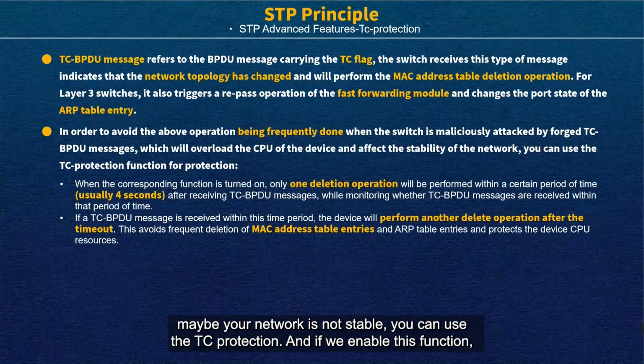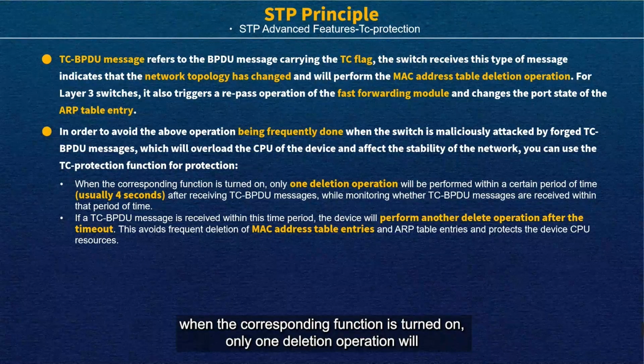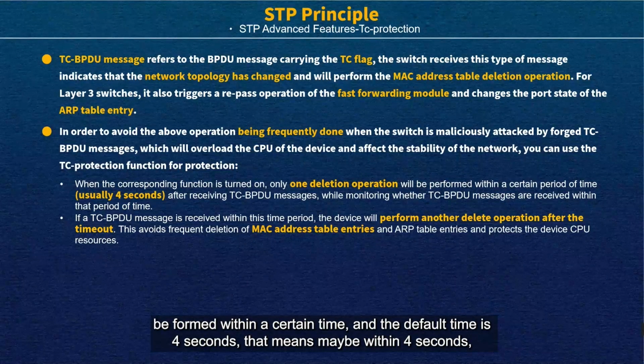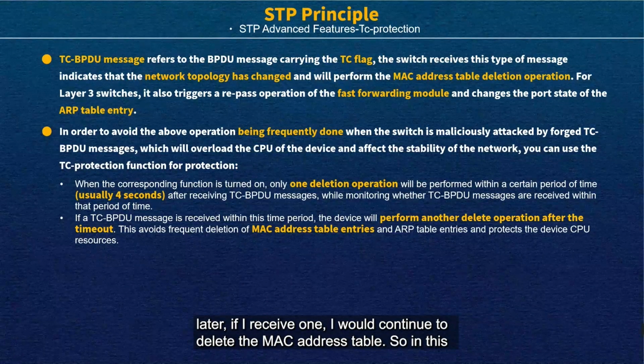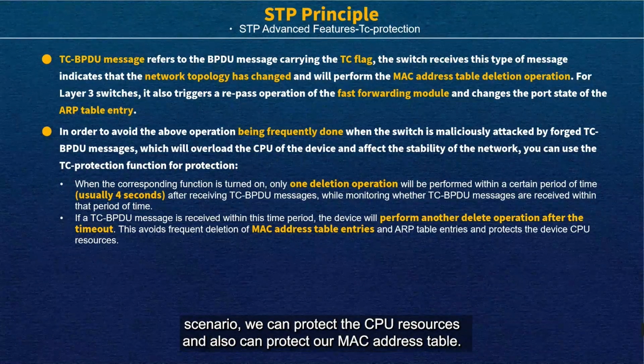If we enable this function, only one deletion operation will be performed within a certain time, and the default time is 4 seconds. That means within 4 seconds I may receive multiple TC messages, but I only delete the table once. After 4 seconds, if I receive one, I would continue to delete the MAC address table. So in this scenario, we can protect the CPU resources and also our MAC address table.